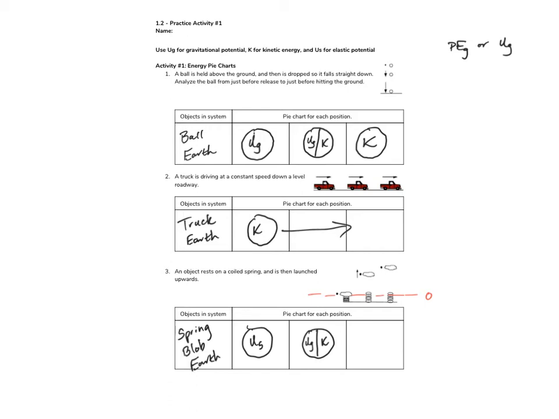Now, last but not least, our final snapshot. This blob is no longer moving. It's for a very small amount of time at rest before it starts falling back to the ground. So our final pie chart should just be all gravitational potential energy.